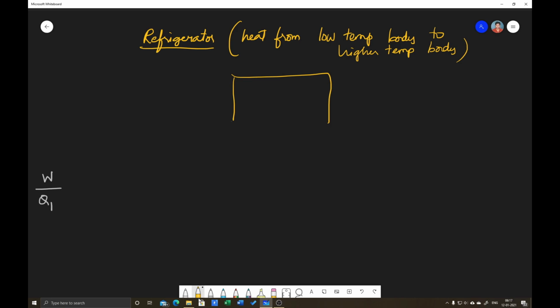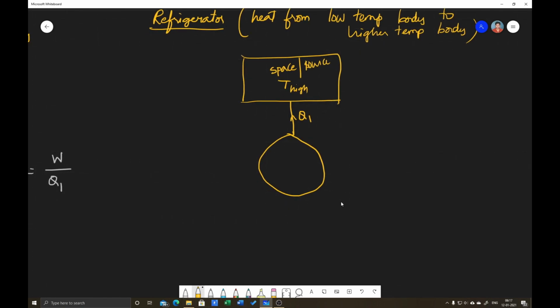That means, so there is a space, or say this is the source or reservoir. Okay, you have to supply heat to this. Okay, this is higher temperature body. Sorry, you have to reject heat to this.